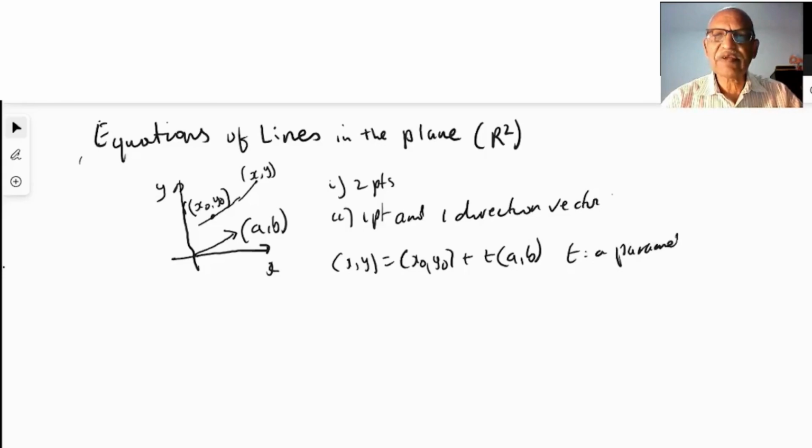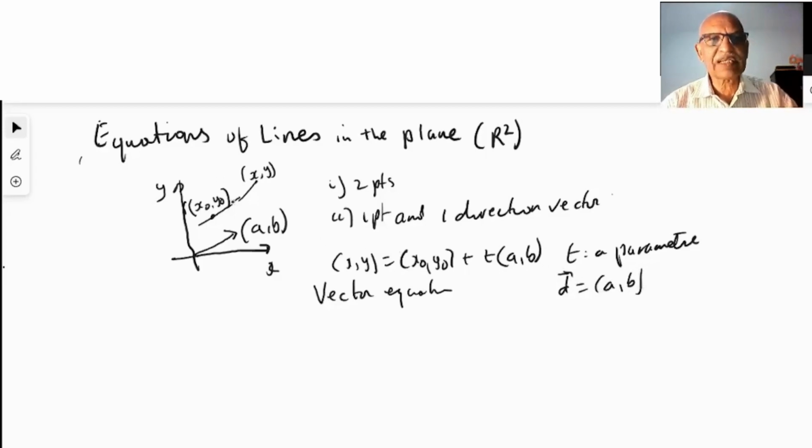You can change the values of t depending on the length of your line. So a vector equation is xy equal to x0, the initial point, plus t, a parameter, times AB, which is the direction vector. The direction vector has the same direction as the line, since it's parallel to it.